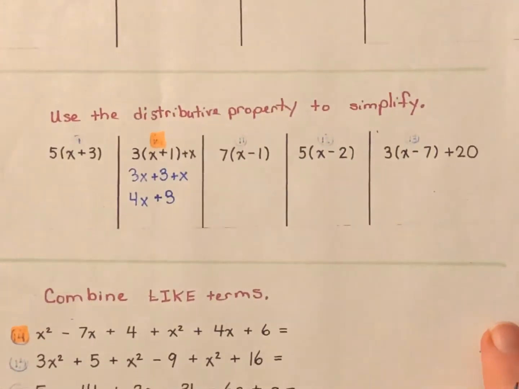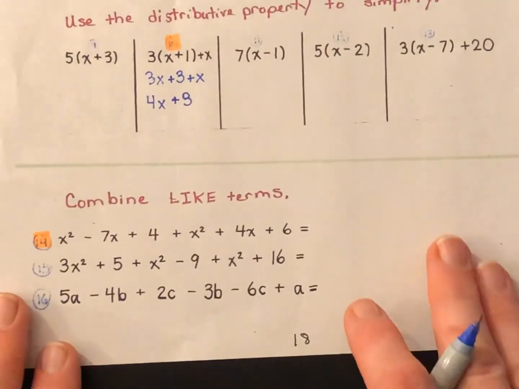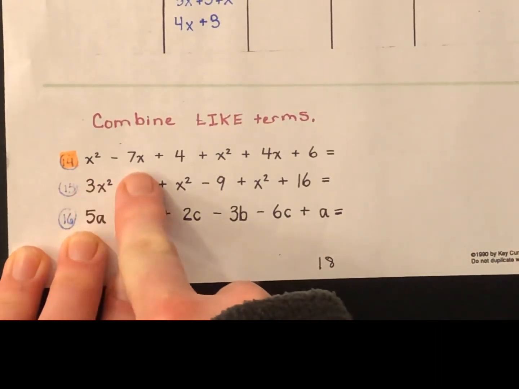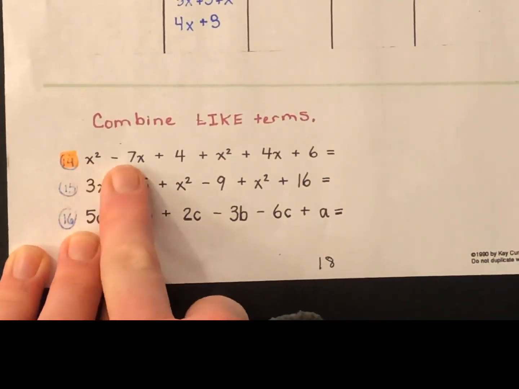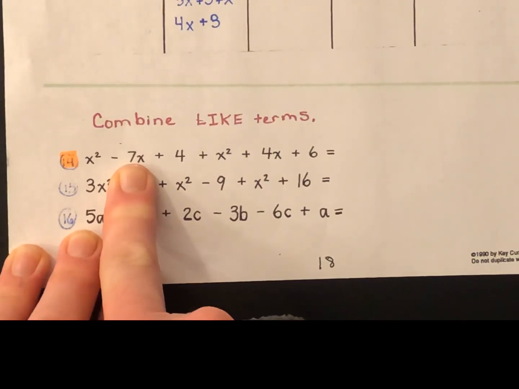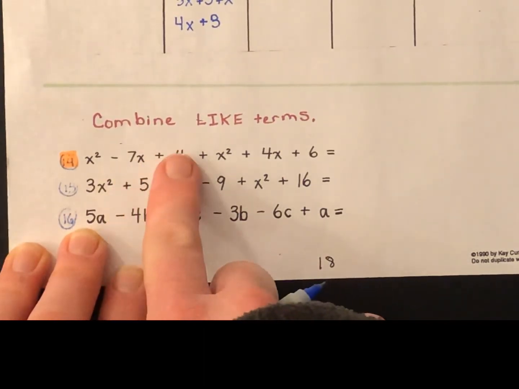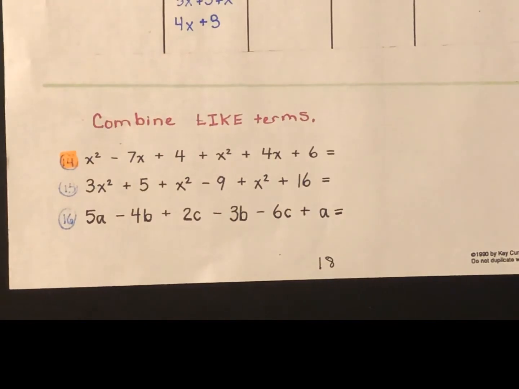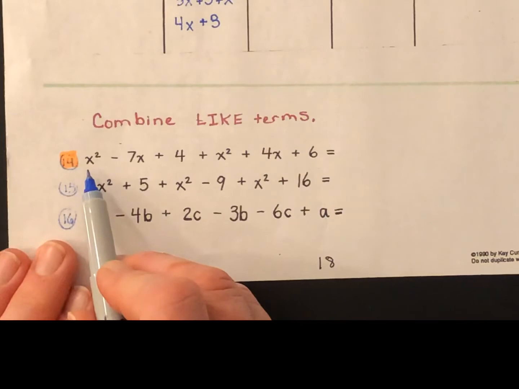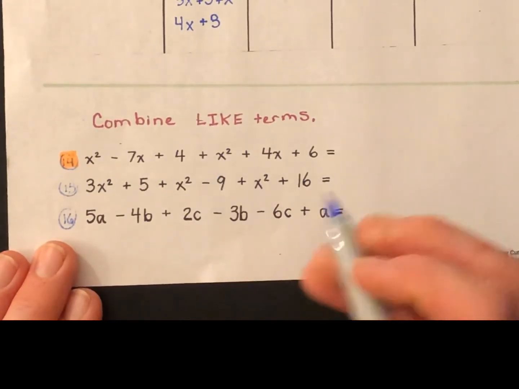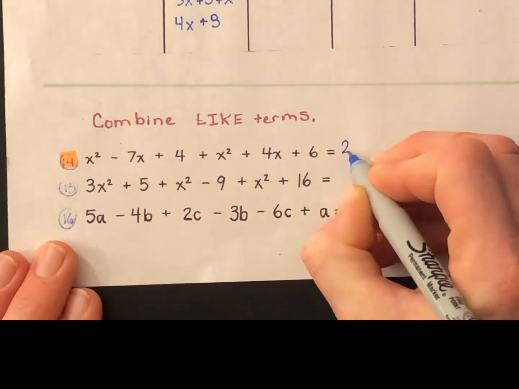Move on to the bottom. As before, we have both an x squared and an x term. Those are not the same. We'll start with the exponent and then move to just the plain x and then the constant. So let's look at the x squared first. X squared plus x squared, that's 2x squared.